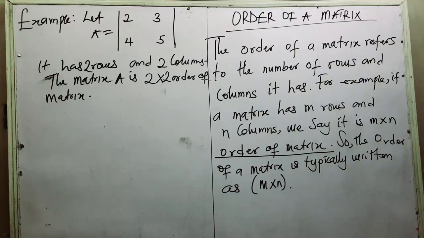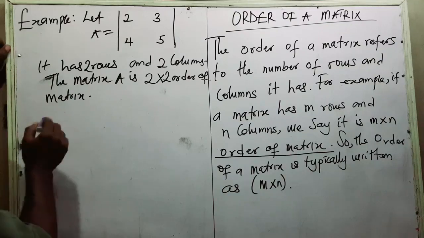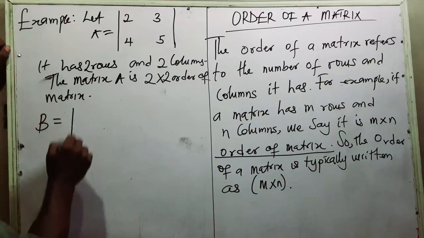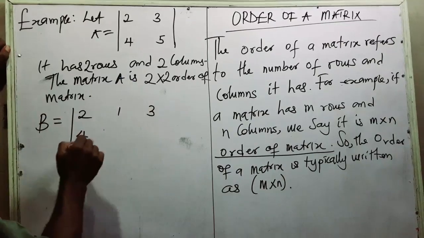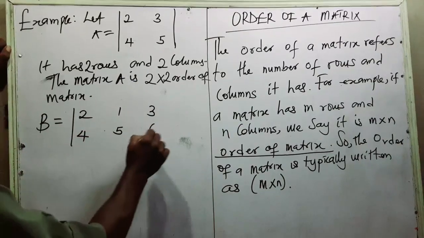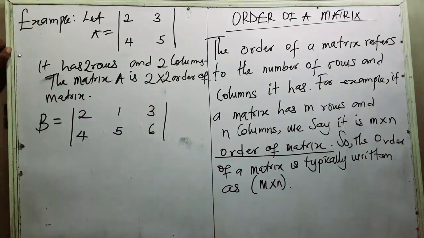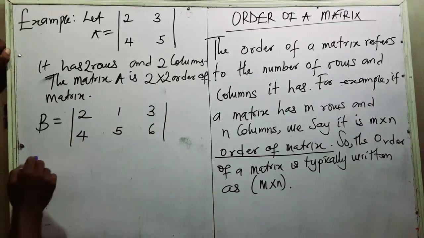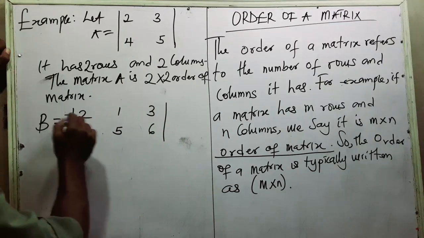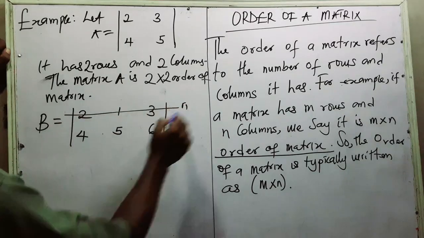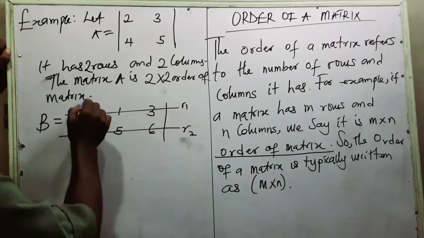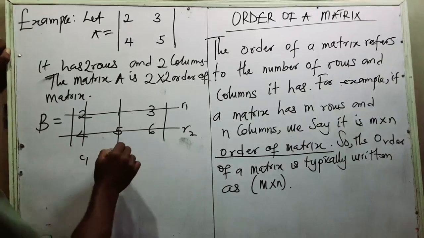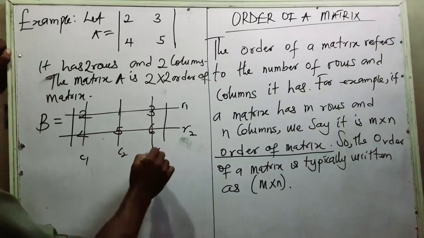Let's also assume we have a matrix of 2, 1, 3, 4, 5, 6. For this, how many rows do we have? Row 1, row 2, and column 1, column 2, column 3.